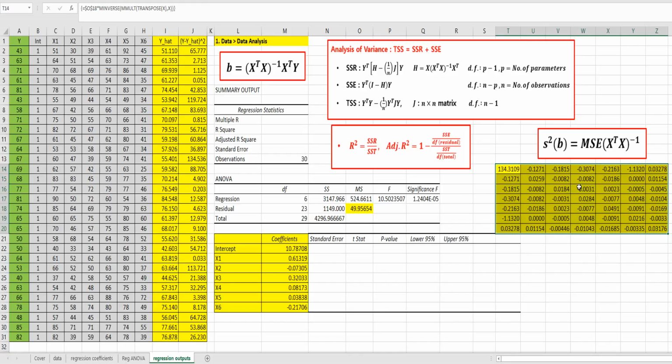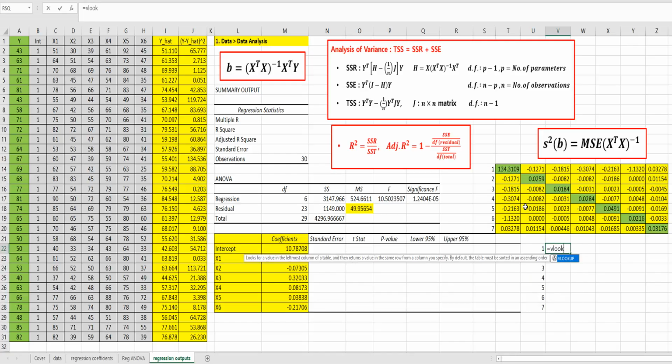We were able to get the sigma square of the b matrix. Then we need to extract these diagonal elements for standard error. So we can think of the VLOOKUP function. VLOOKUP, value here, comma lookup table here. Select the table array.